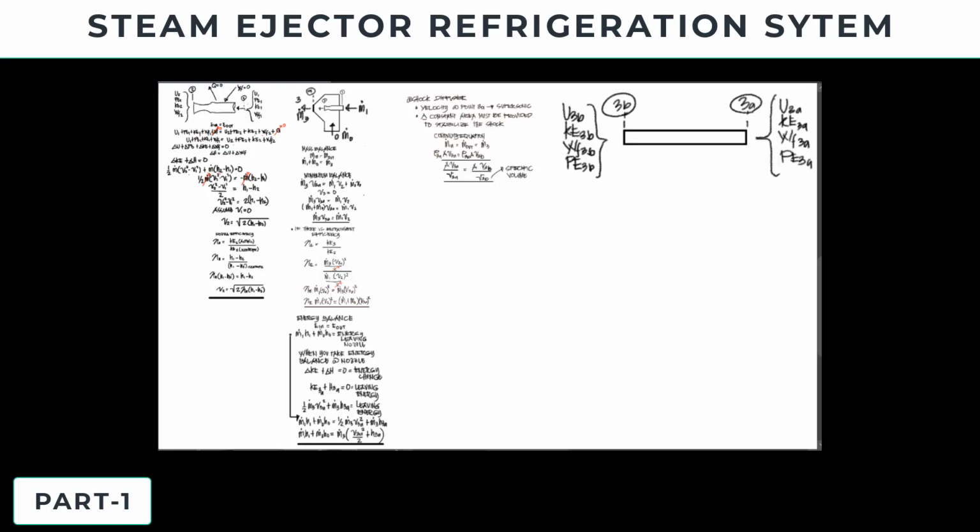Now, applying a steady flow energy equation on the shock chamber from 3A to 3B, we have the energy entering and also leaving.